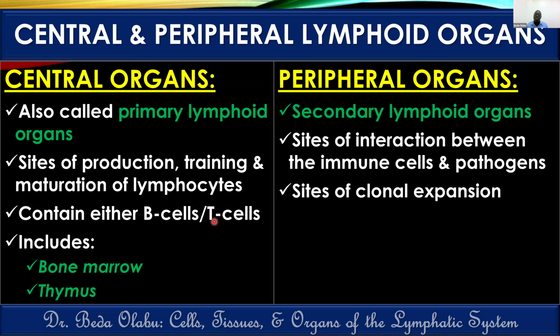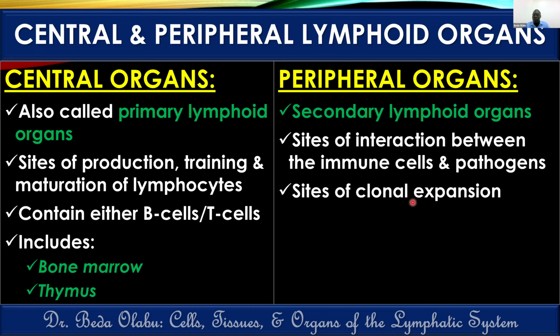It will give rise to cells of similar kind, cells which are able to recognize TB. Now, that proliferation of a cell type that has already committed to a particular role is what we're calling clonal expansion. It simply means numerical increase of a cell of one particular type, one clone, one type.